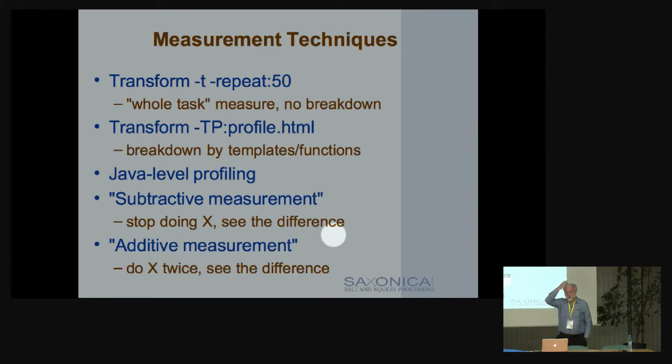How do you measure these things? Our top-level measurement is to run transform from the command line. With a minus t gives you an output as to how long it took. Minus repeat does it more than once. You've got to use minus repeat to get repeatability of the measurement.